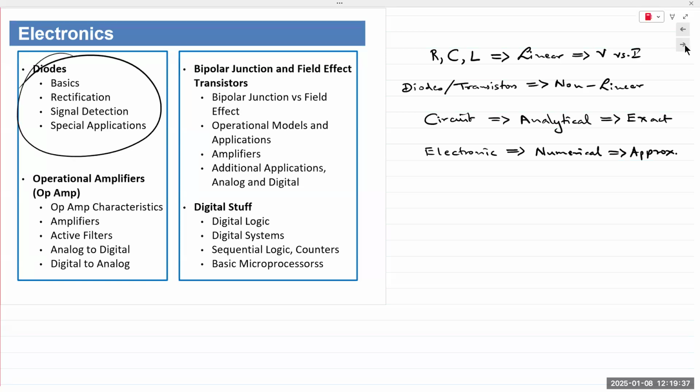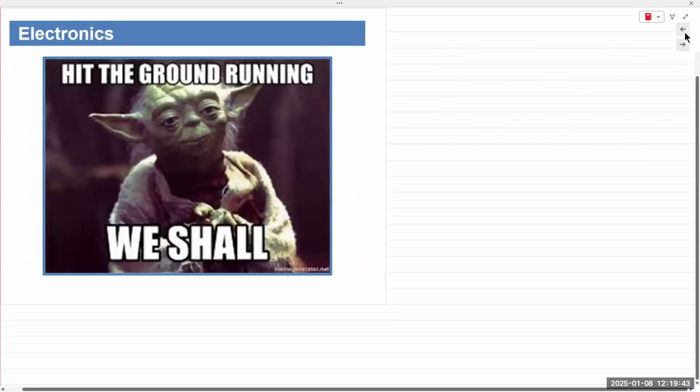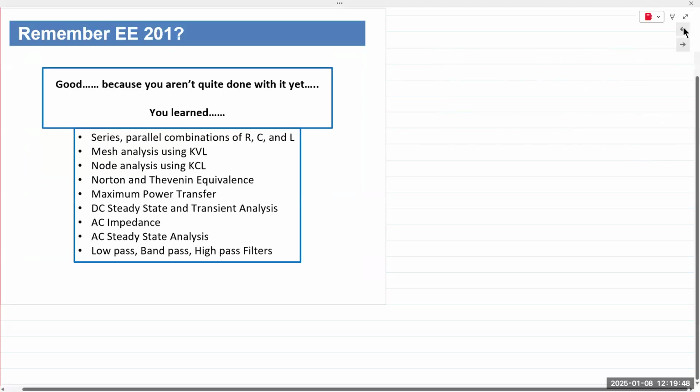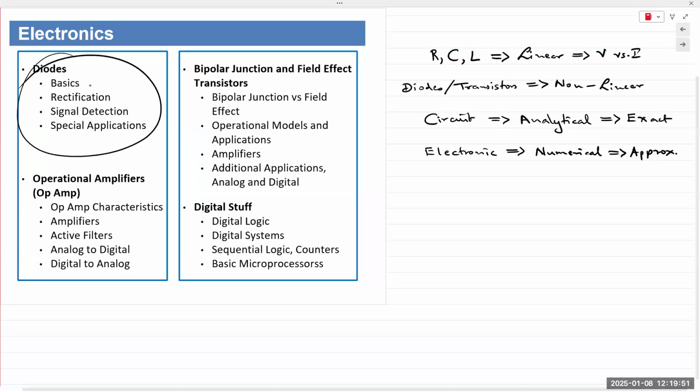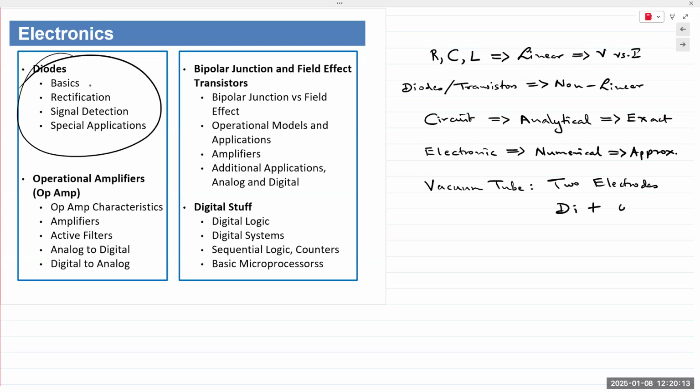So let's take diodes first. Where did diodes come from? The name diode comes from the fact that the first vacuum tube comprised of 2 electrodes. Okay, and that is where the name comes from.